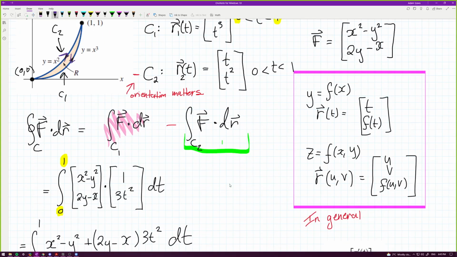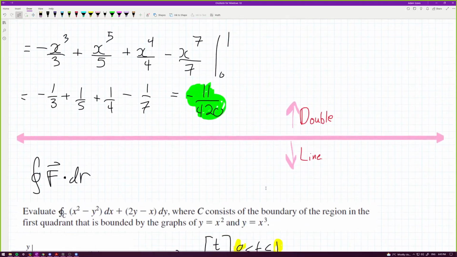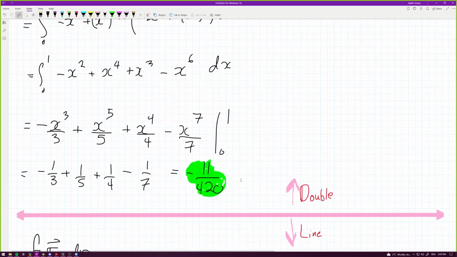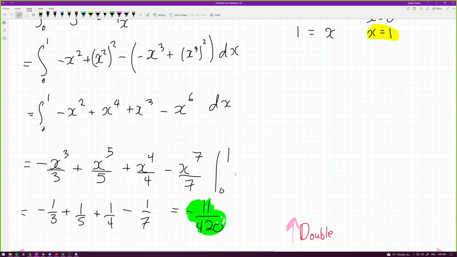What you're really calculating is negative C, and so you have to put a negative here. And the double integral gets you exactly the answer. There's no clockwise or counterclockwise in a double integral, right? It's just that in the line integral, if you do it clockwise, that's the wrong direction, so you're going to get the negative of the answer there.